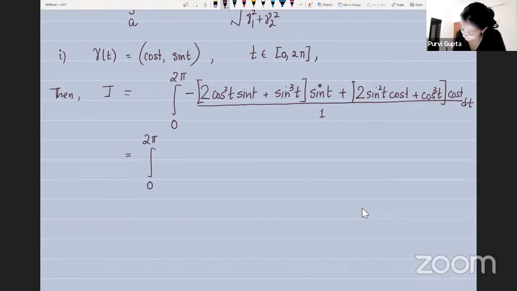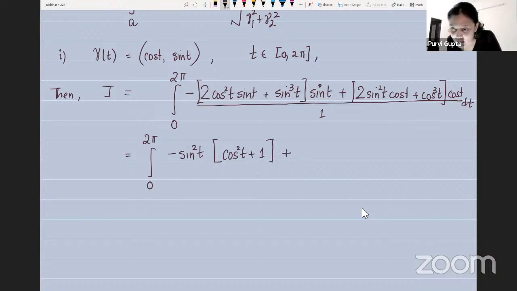In the first term, I'll pull out a sin, another sin, so I'll get sin² t. And then inside I get 2 cos² plus sin². What is that? That actually becomes cos² t plus 1. And then the second term is plus cos² t, and here I will get sin² t plus 1.